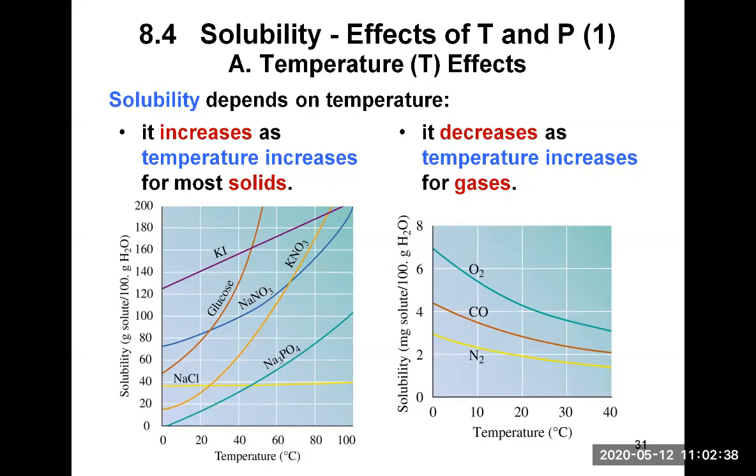You see the curves this time are bent the other way. They are going down when the temperature increases. For example, oxygen, you can dissolve less and less as the temperature increases. Carbon monoxide, nitrogen, all gases behave this way. You can dissolve less and less gas when the temperature of the water is increasing.